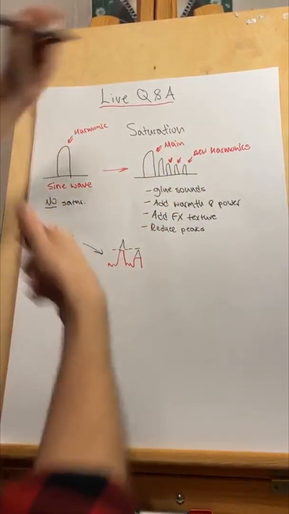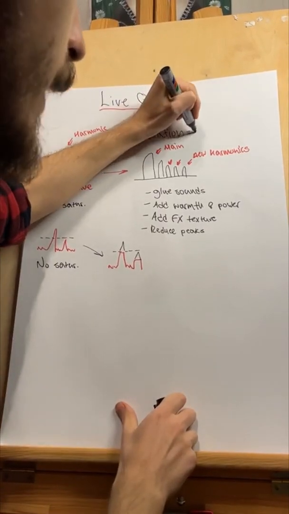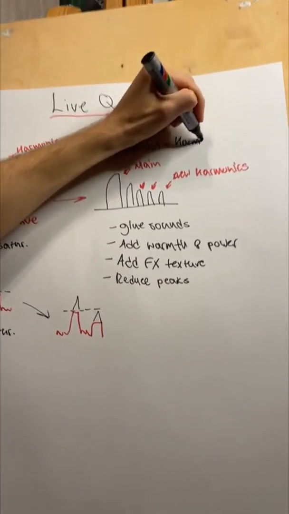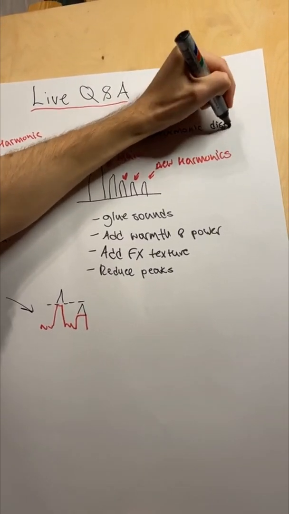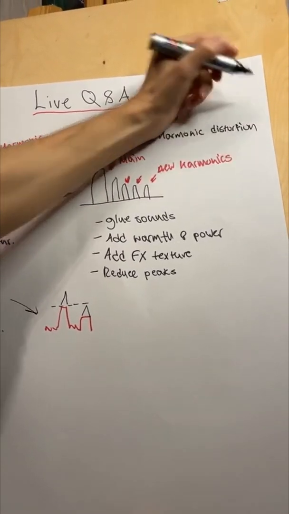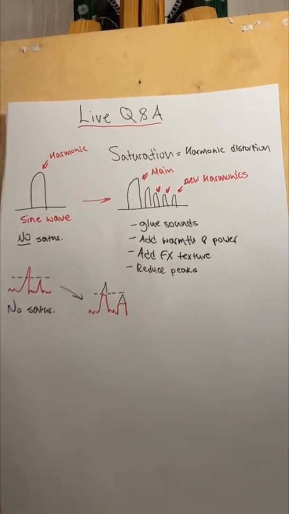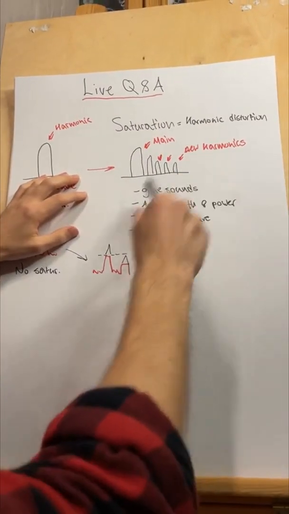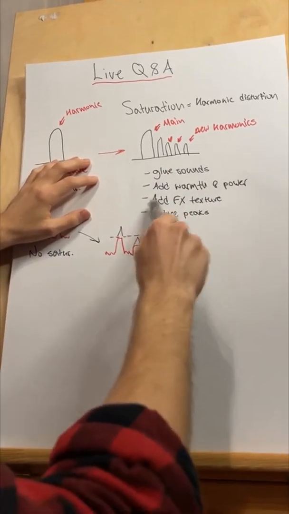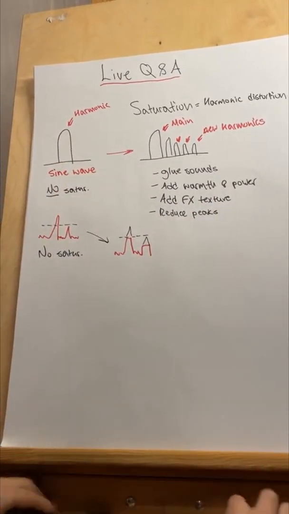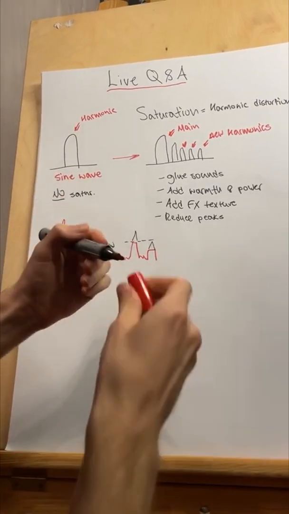So saturation is basically harmonic distortion. And we could use saturation to glue the sounds together, add warmth and power, add effects and texture, and reduce peaks.